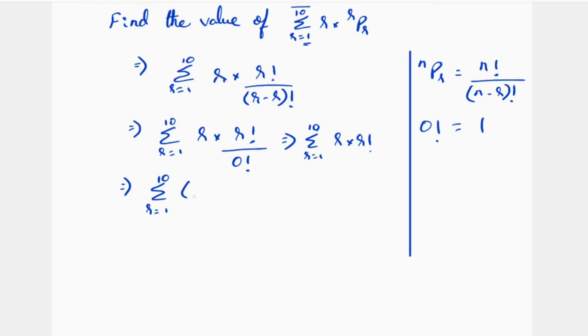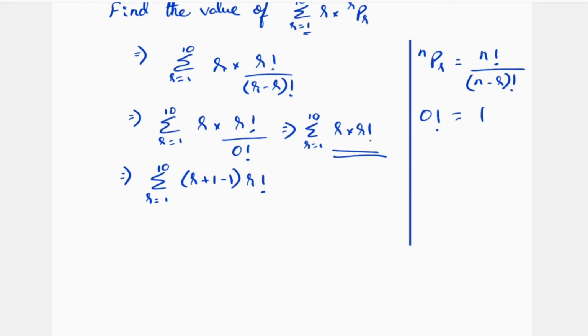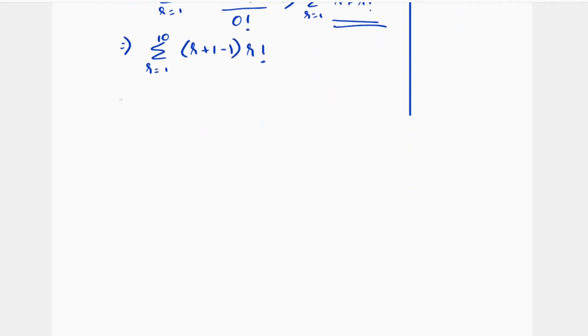I'm going to add 1 and subtract 1 from this r before multiplying it by r factorial. This same expression r into r factorial, I'm going to rewrite as r plus 1 minus 1 into r factorial. In essence, it is nothing but r into r factorial, because plus 1 and minus 1 will cancel themselves.